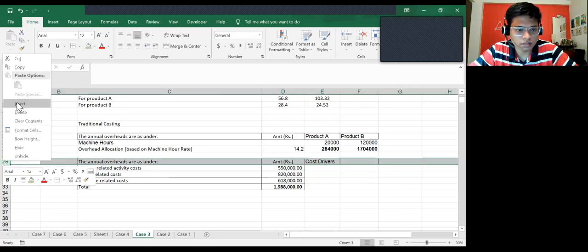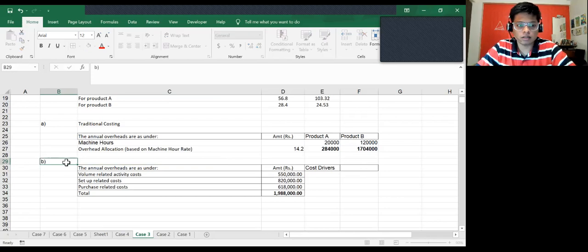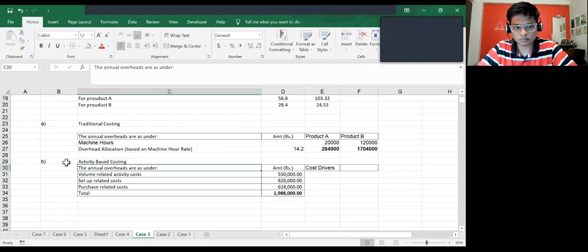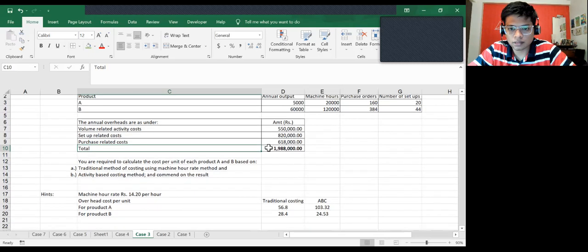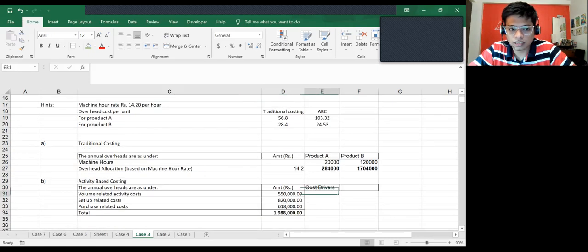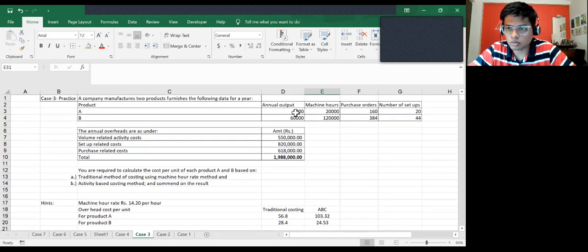Insert. So this is my traditional, and this is activity-based costing. For cost drivers, for volume-related cost I can use the output or machine hours, whichever you want, and setup and purchase are fine.